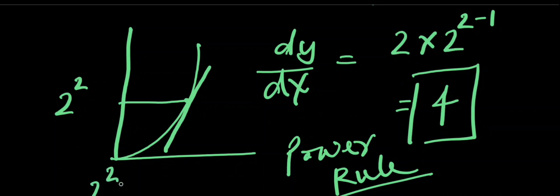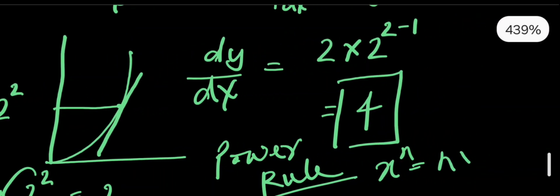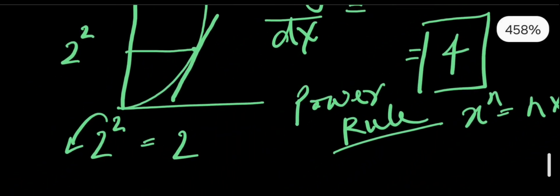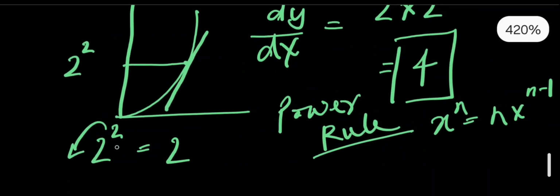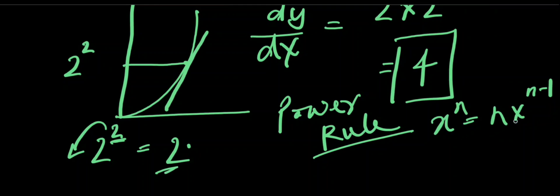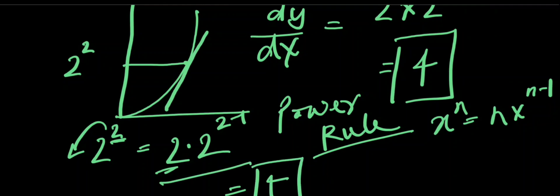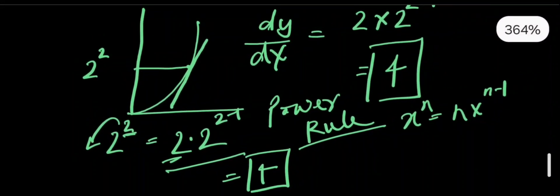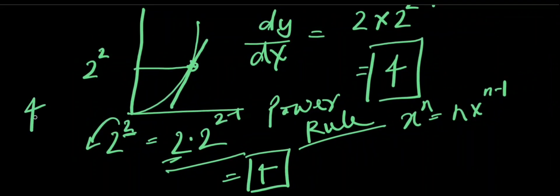We have x squared, so this 2 comes to the front, because as the power rule states, the derivative of x raised to n is nx raised to n minus 1. So this n comes here, multiplied by x, which is just 2 raised to 2 minus 1, which is 4 when you calculate this. So the slope at this point is equal to 4. Alright, that's mostly it about derivatives.